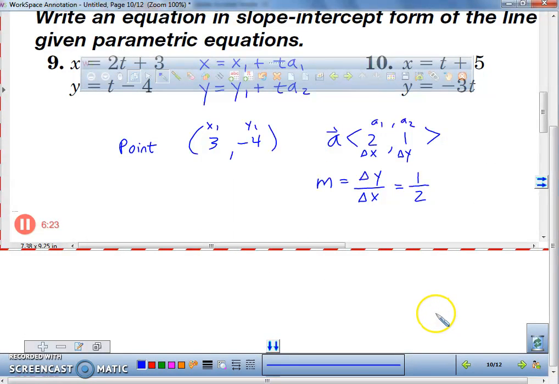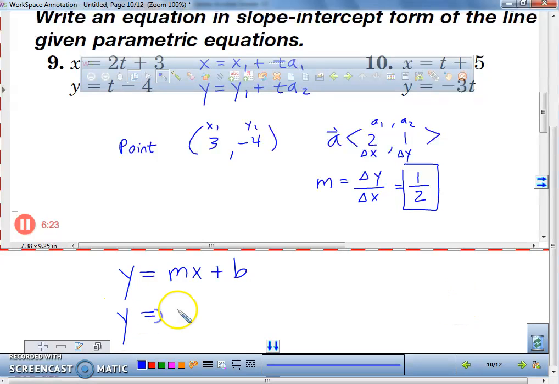So just looking at the parametric equation, what have I already established in y equals mx plus b? I figured out my slope. It's 1 over 2. So right now I want to write y equals 1 over 2x plus b.